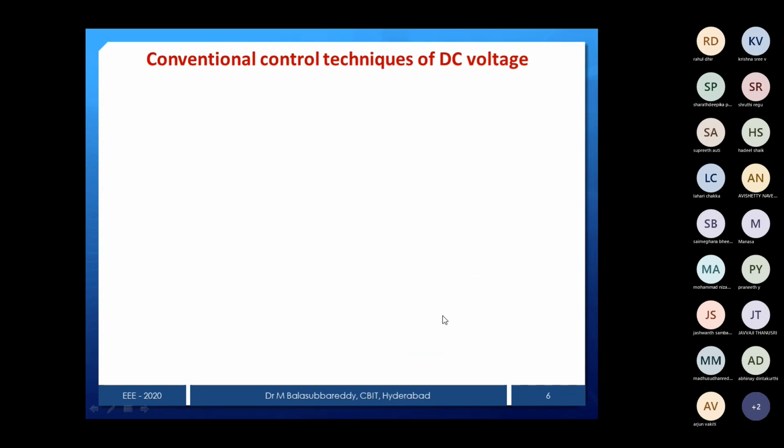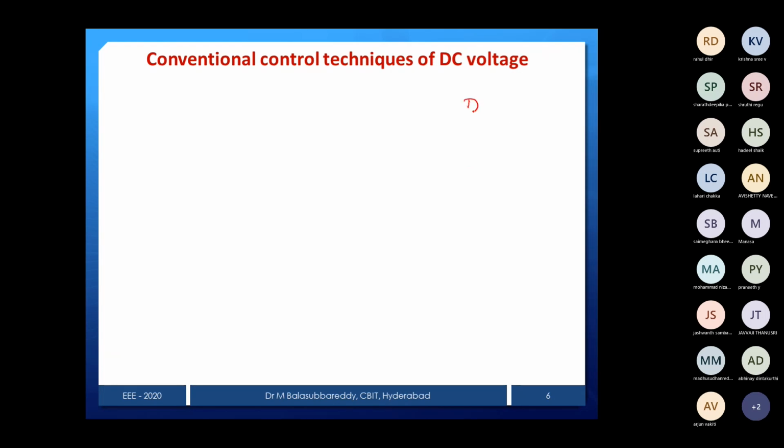Now, the conventional techniques. Before the chopper, which we use to turn on and off and thereby get the output voltage, suppose you don't have this facility, the chopper is not available, as in the olden days.